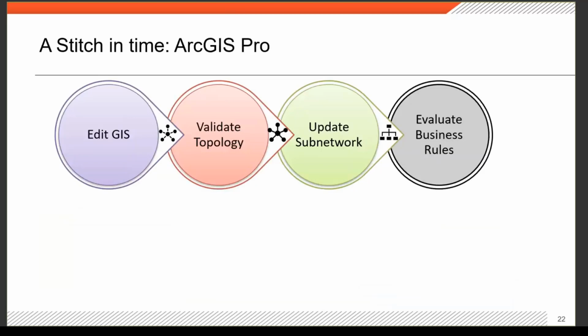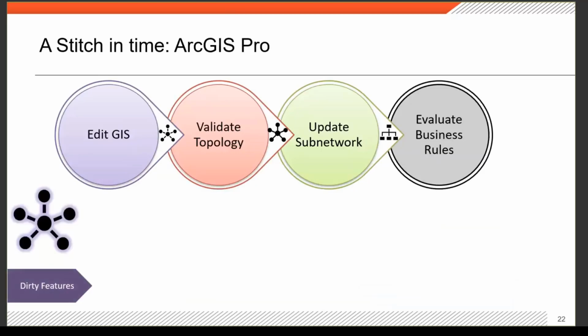When I edit in the GIS, every feature that I create comes in as a dirty feature. This is a feature that exists in the database but has no network connectivity involved in it at all. In order for me to get it connected into the utility network, I need to run the validate topology tool. When I do this, it's going to check those features that I've created and all of their relationships against thousands of rules that we and Esri have baked into the model to make sure that the features you're connecting are valid.